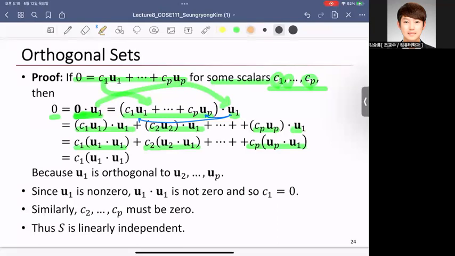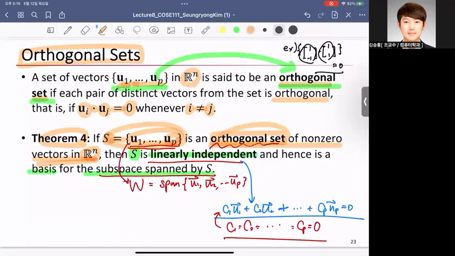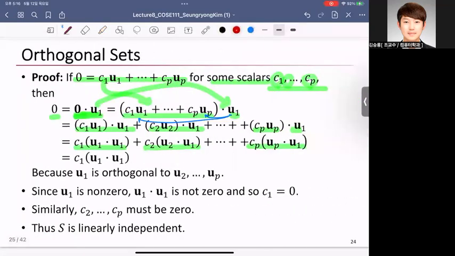Then we already know this is an orthogonal set, so every pair of vectors is orthogonal. So we already know this one is equal to 0, and this one is equal to 0, and this one is equal to 0, because S was an orthogonal set.